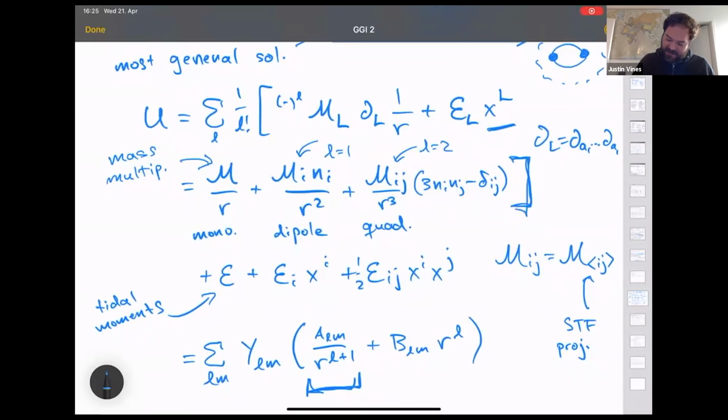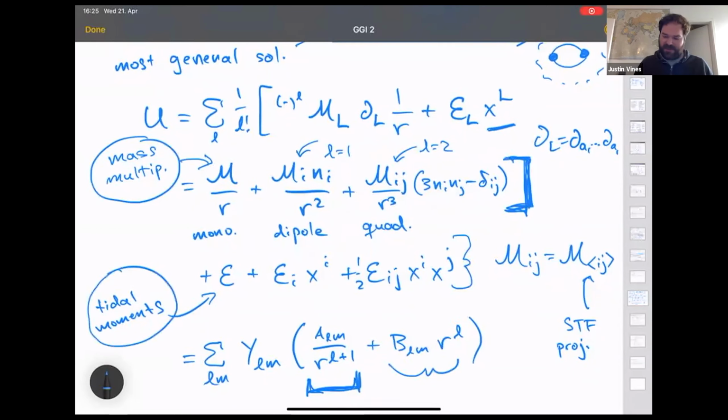So these are the terms that are regular at infinity and blow up at the origin. That's these guys. And those are the mass multipole moments. And these guys are regular at the origin, but blow up at infinity. And those are the tidal moments. And the multipole moments characterize the source.